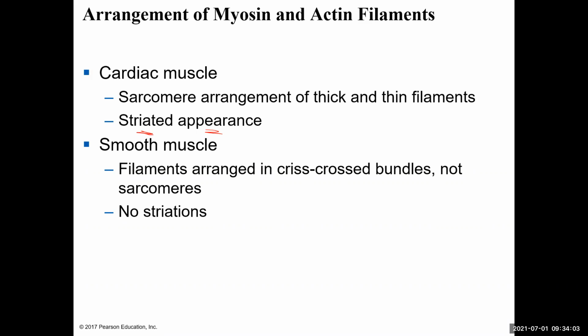But smooth muscles, they don't have any striations. And this is because instead of the filaments being arranged in these layered bundles, in the smooth muscles the filaments are arranged in these crisscross bundles. And so not in these sarcomere arrangements.